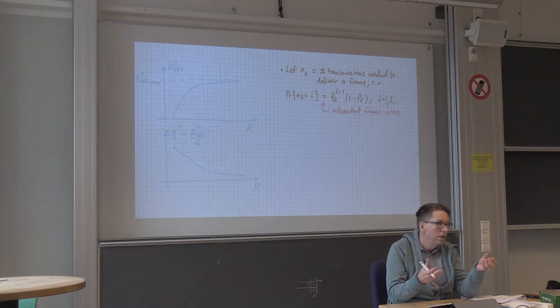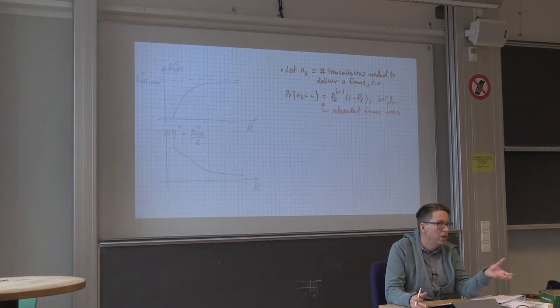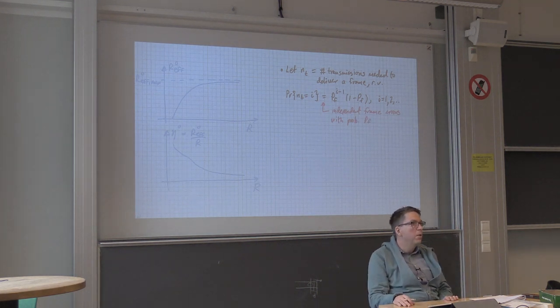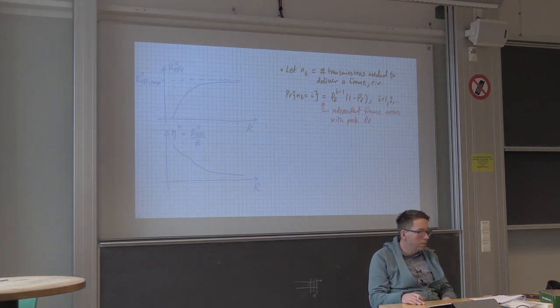If we lost a frame, the probability of losing the next frame doesn't change due to this fact. So independent frame errors with probability pf, where pf is the frame error probability. Then we can calculate the probability that we need one transmission, two transmissions, etc.